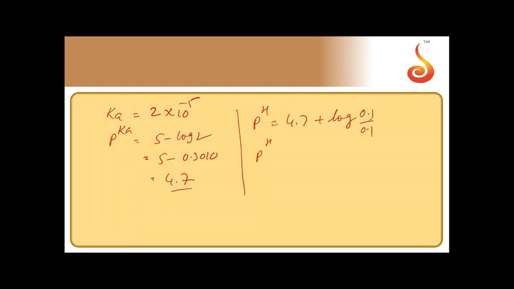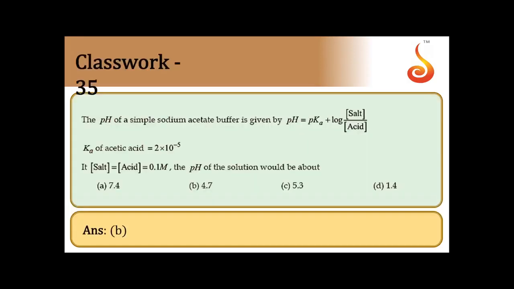Log 1 is equal to 0. Therefore pH will be equal to 4.7. Option is 4.7, which is B. So answer is B. We found pKa from Ka, and since the salt and acid concentrations are equal, log 1 became 0.